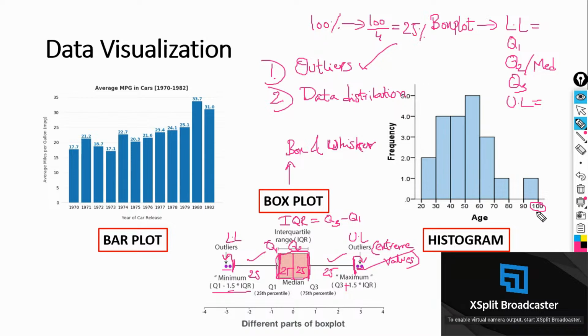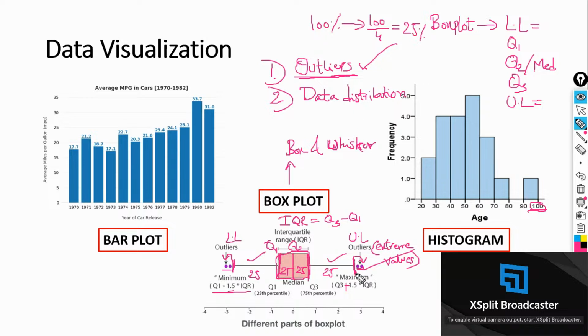We are not 100% sure whether it is an outlier or not. That makes the difference, my friend. The primary objective of the box plot is to tell whether outliers are present or not, whereas the secondary objective is to talk about the data distribution.